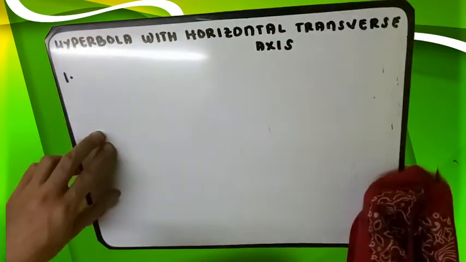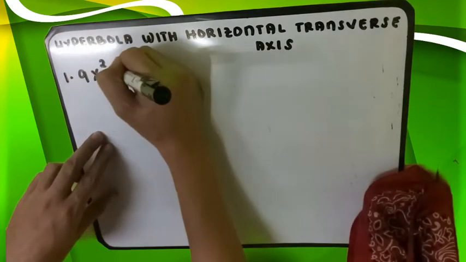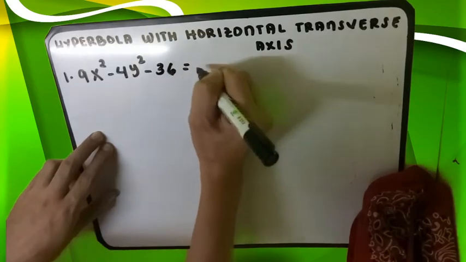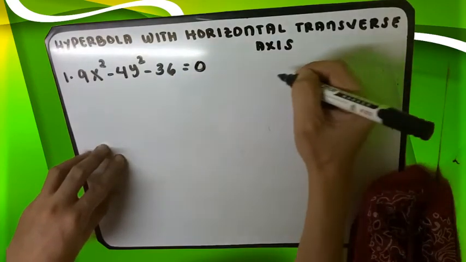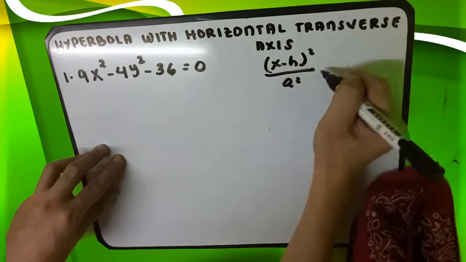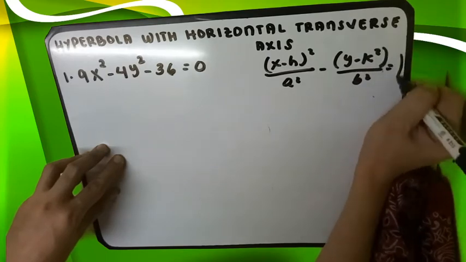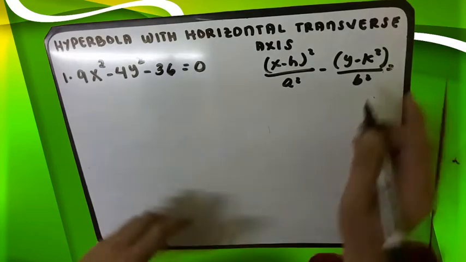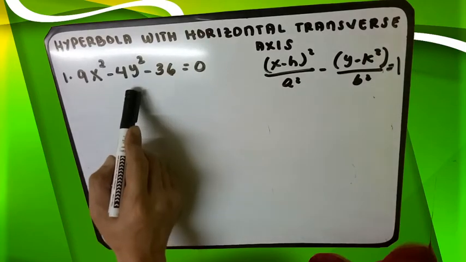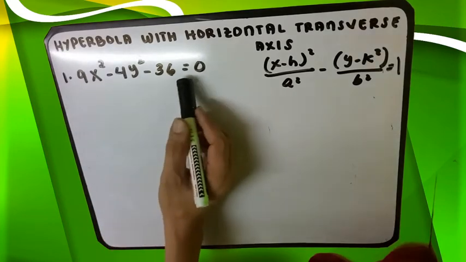For the first example, given this equation, kailangan natin siyang i-transform sa ganitong format. So 9x squared minus 4y squared minus 36 equals 0.